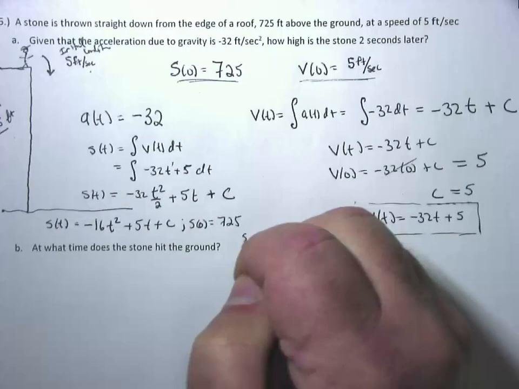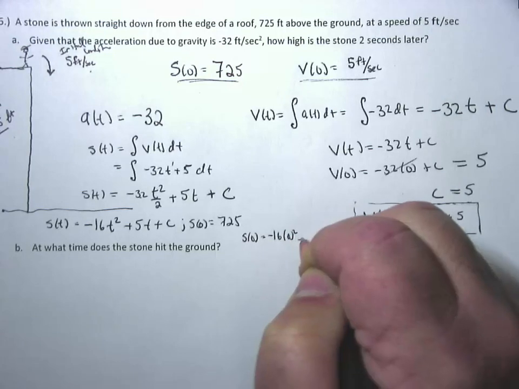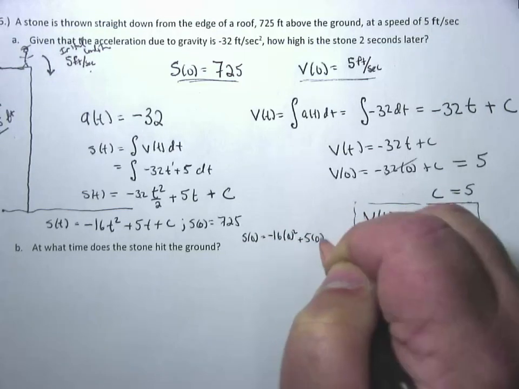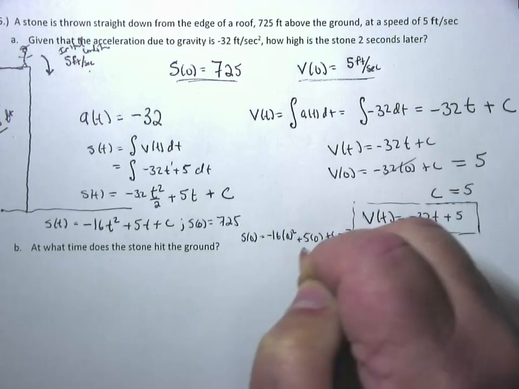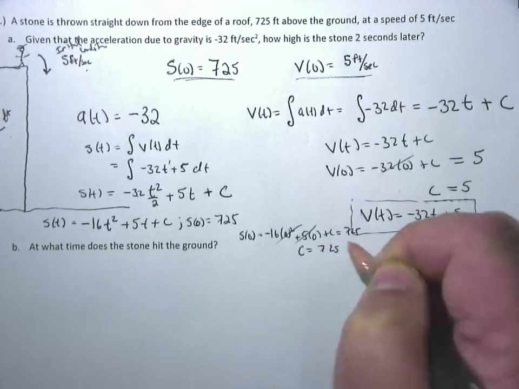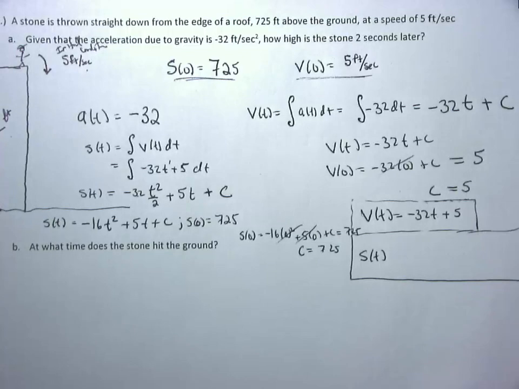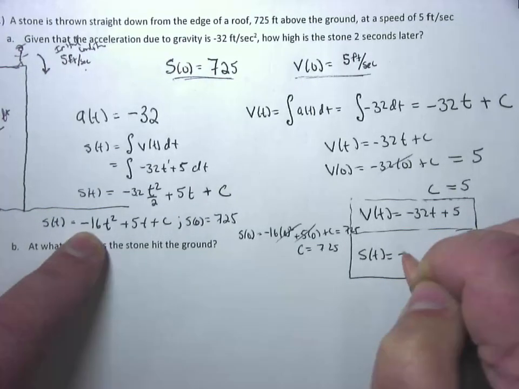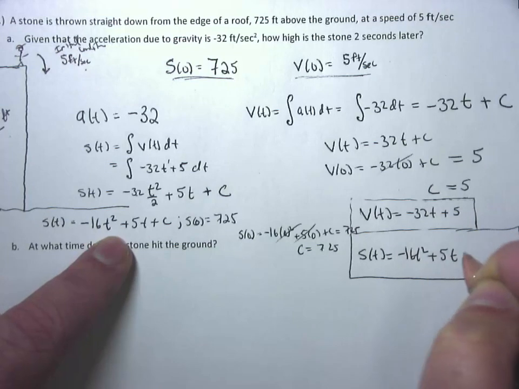Which means s of 0 equals negative 16 times 0 squared plus 5 times 0 plus c, and that's equal to 725. So c equals, because that's all 0, 725, which tells me my position function is negative 16t squared plus 5t plus 725.